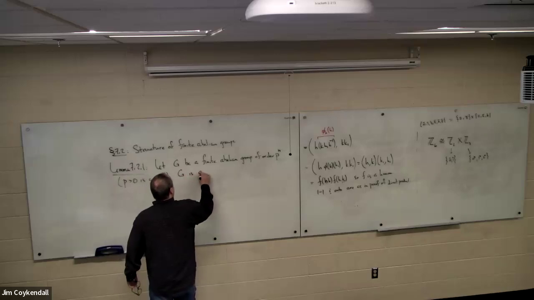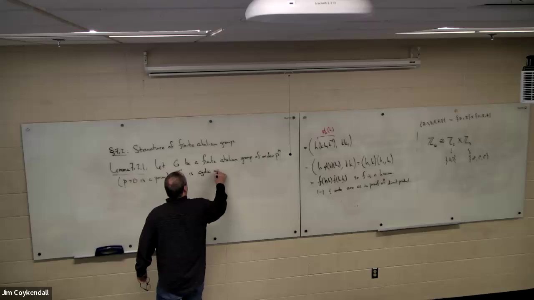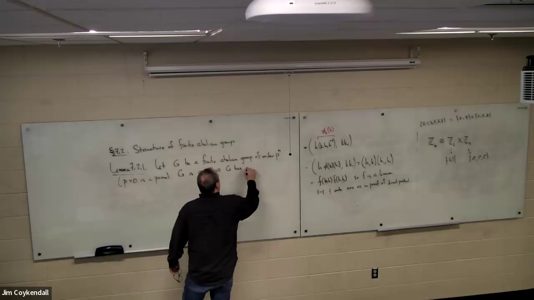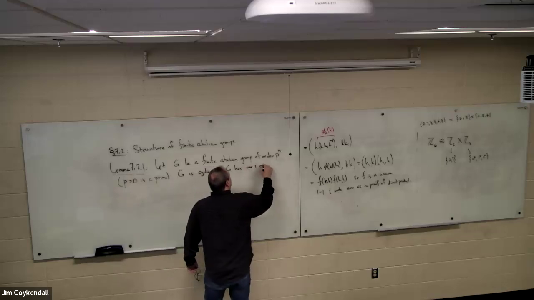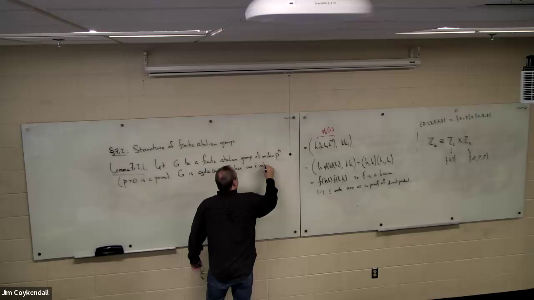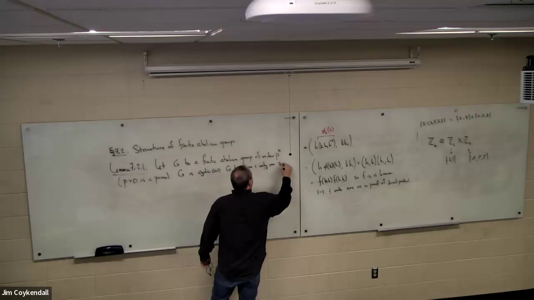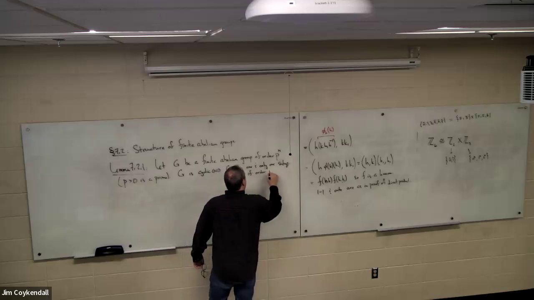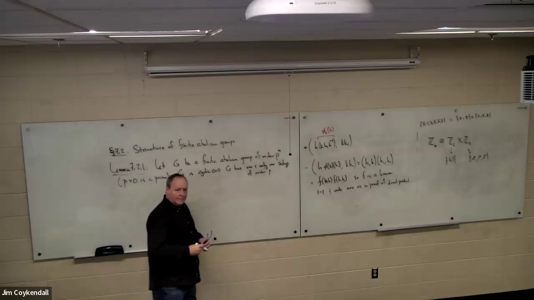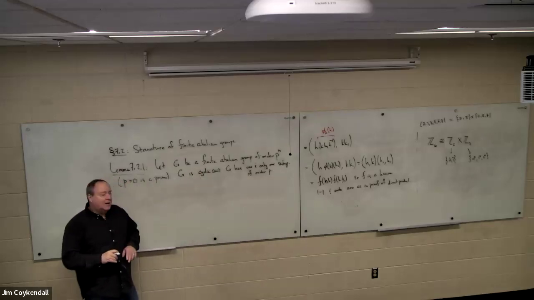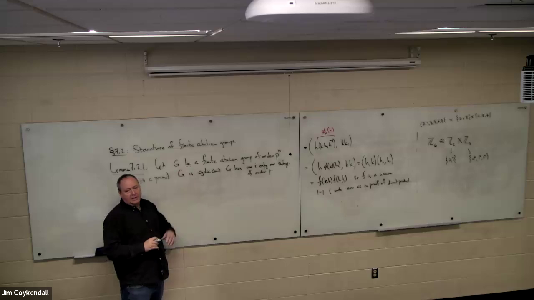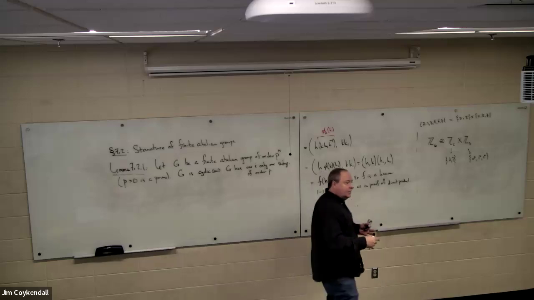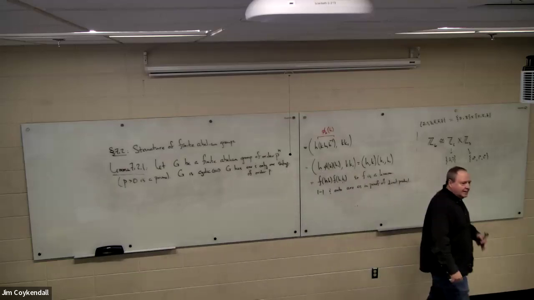G is cyclic if and only if G has one and only one subgroup of order P. Cauchy's theorem tells me that G, if it's of order P to the n, has to have an element of order P. And of course, that element of order P generates a little subgroup of order P in there.